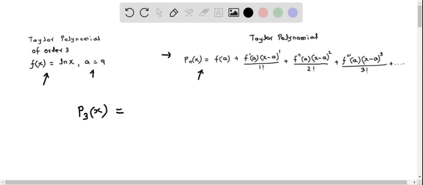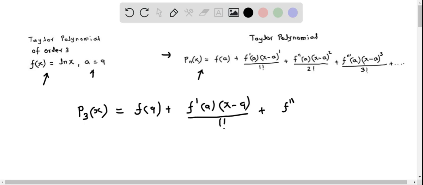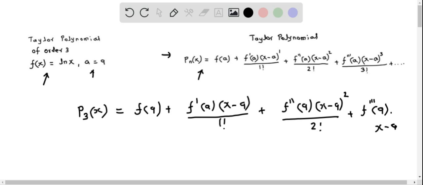This equals f of a, which is f of 9, plus f prime of 9 times (x minus 9) raised to the power of 1, I leave it as it is, divided by 1 factorial plus f double prime of 9 times (x minus 9) squared divided by 2 factorial, and the last term is f triple prime of 9 times (x minus 9) raised to the power of 3 over 3 factorial.